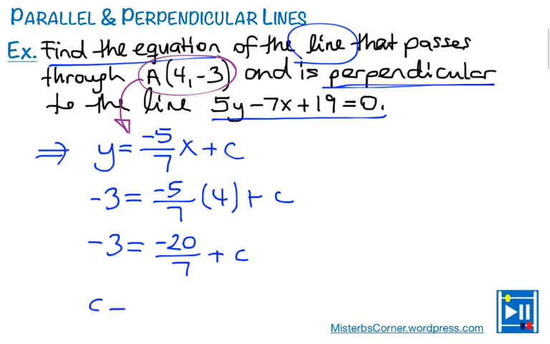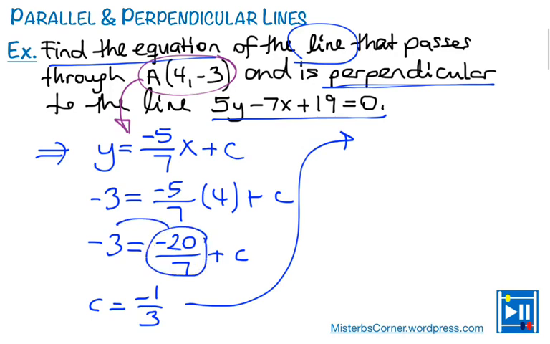And then here I can write that c is nothing but minus 1 over 3, right? So I do this by taking this fraction to the other side and so on. Right, so it's going to be y equals minus 5 over 7x minus 1/3. So this is the equation I'm looking for.